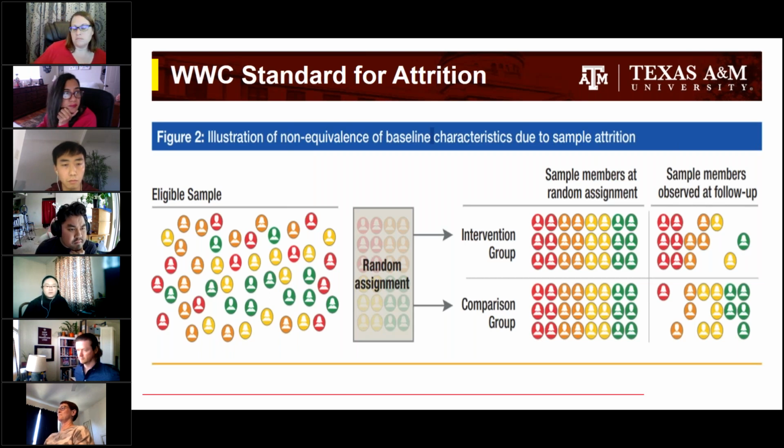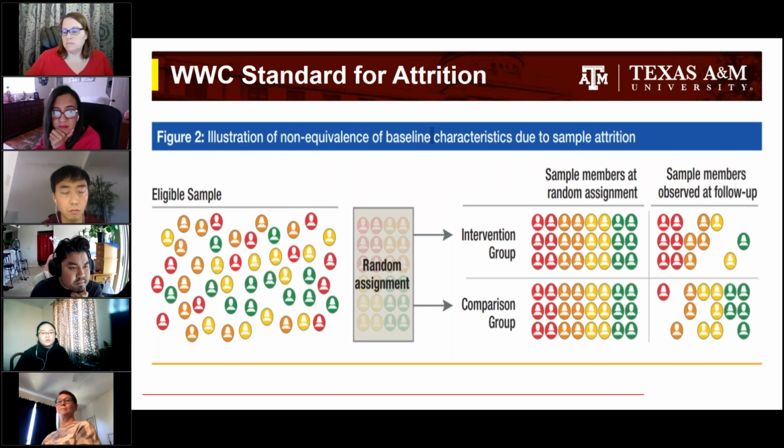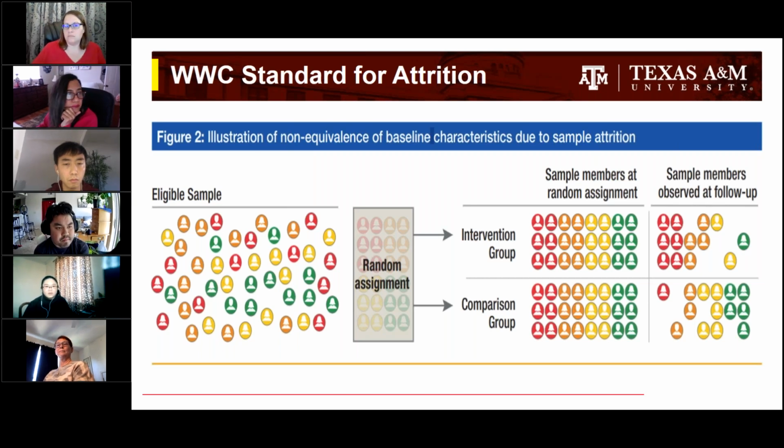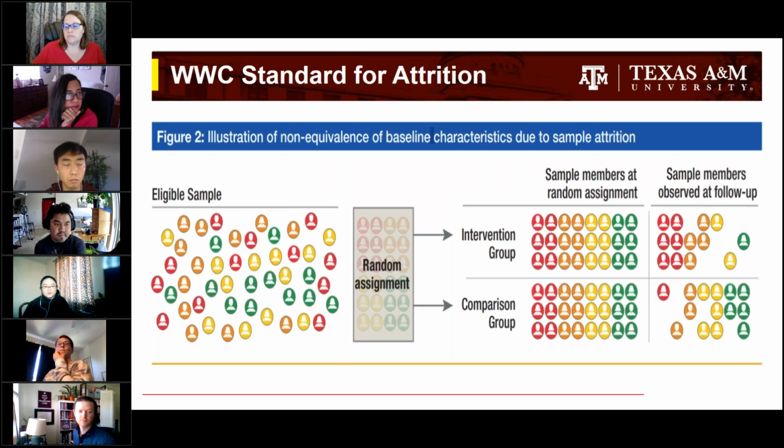For example, you have 100 participants and 60 are girls. Instead of randomly assigning 100 students to treatment and control, you randomly assign those 60 girls to ensure 30 girls in treatment and 30 girls in control. And then you randomly assign the remaining 40 boys to treatment and control.